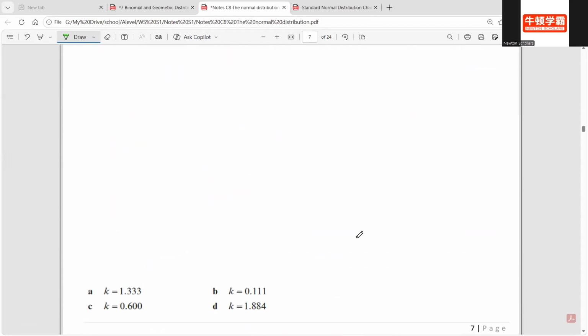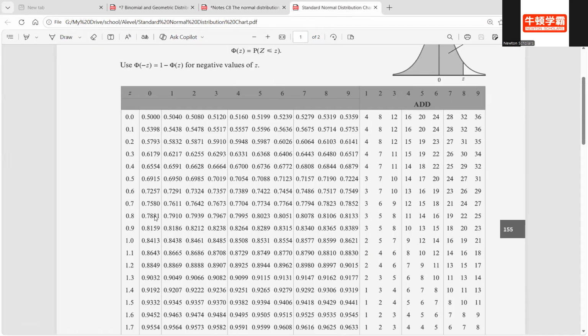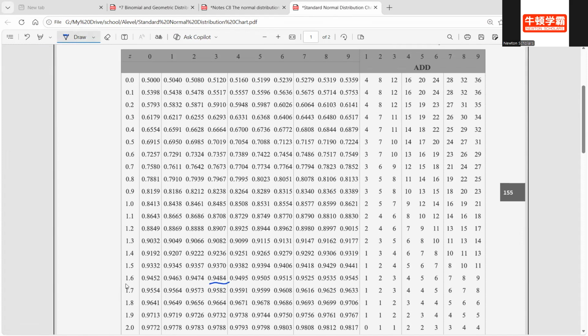Wait, I use another one. Very troublesome, I need to flip. Finding the value for 1.638.